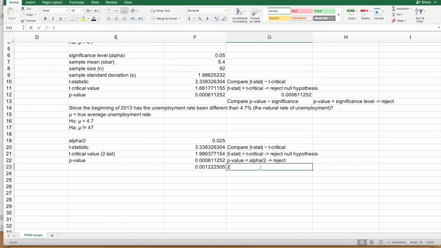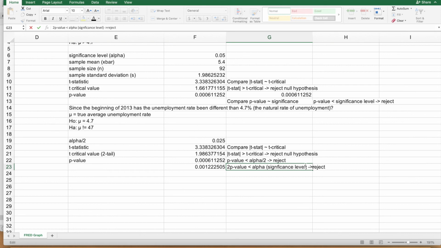So now we could say 2 times p-value is less than alpha, or significance. I called it significance level up here, but same thing, right? Alpha and significance level mean the same thing. And that also means reject.